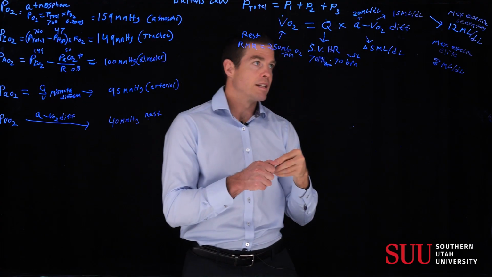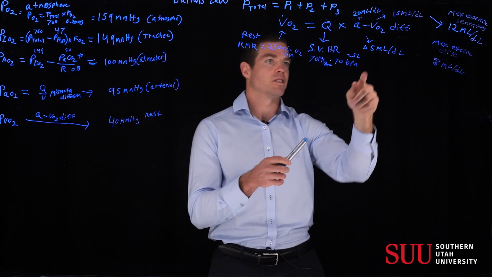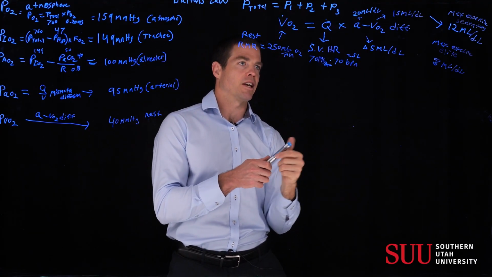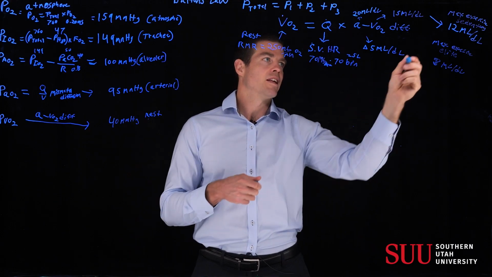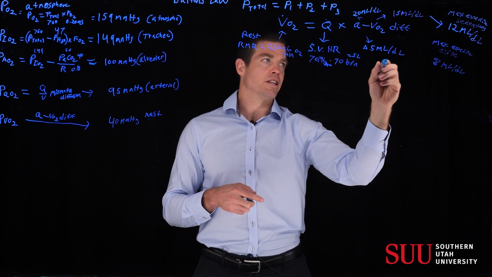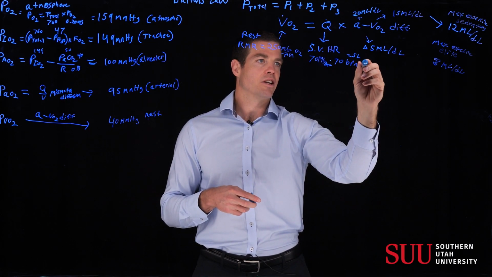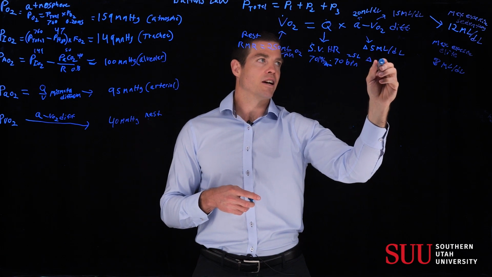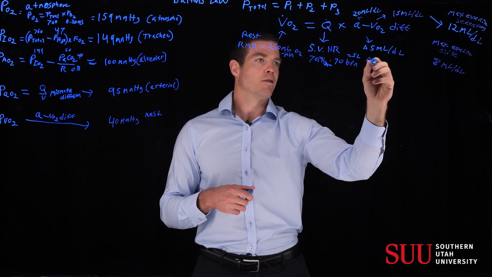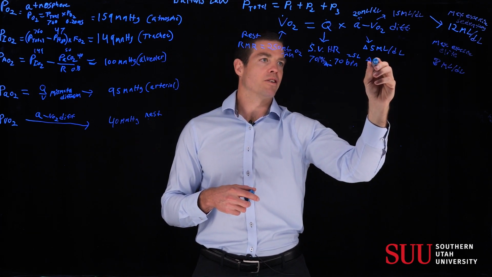Now, this is a pretty big difference in what this ends up being, okay? So this means that during exercise, your delta, in this case, ends up being around 8.